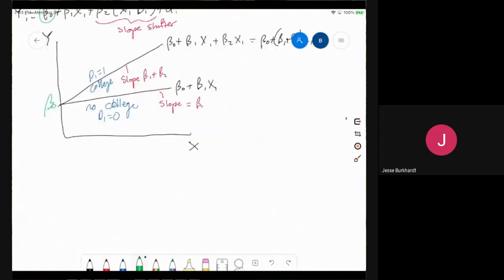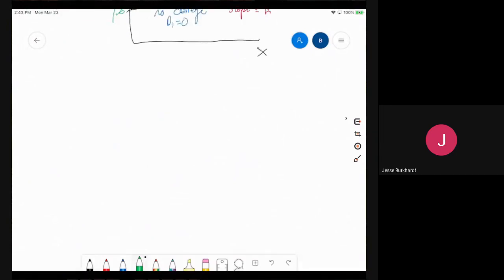All right, let's do the easy one. This is the easy one. Interactions between two continuous variables. Interactions between 2 continuous variables. So suppose x1i equals experience and x2i equals years of education.